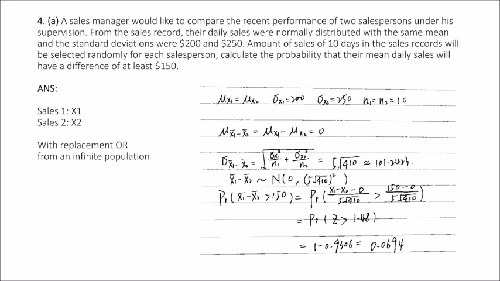So the probability will be 1 minus 0.9306, which leads us to the answer 0.0694.